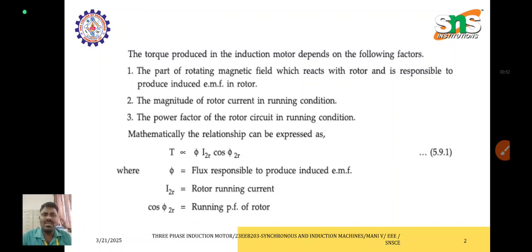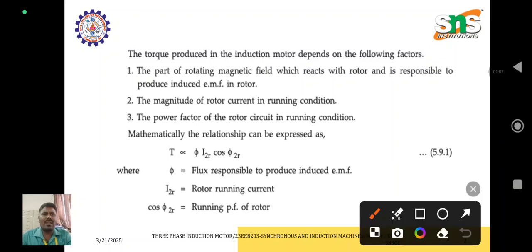So the torque which is developed in the motor depends only on these three factors.